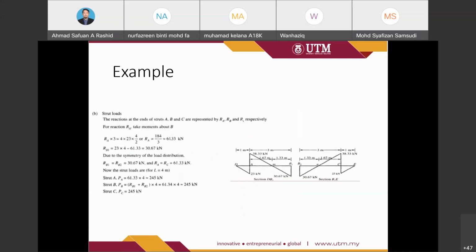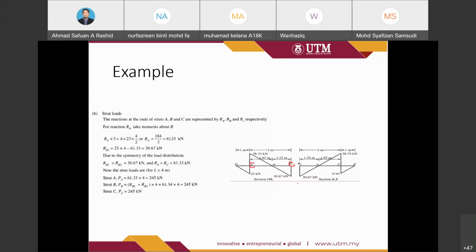The reactions at the ends of struts A, B, C are represented by RA, RB, and RC. For the reaction RA, we take moment about B. This is RA, and this is RB, or they separate into B1.